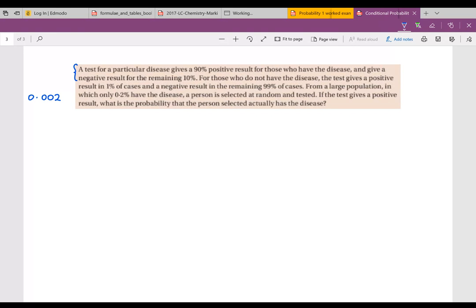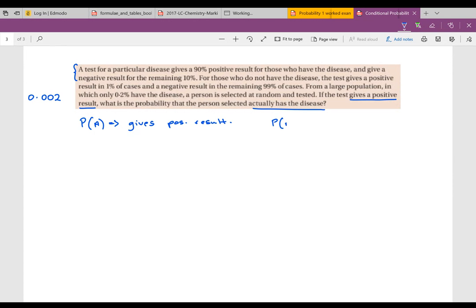If the test gives a positive result, so that's the part that I know, it gives a positive result. So probability A is that it gives a positive result. What is the probability that the person selected actually has the disease?